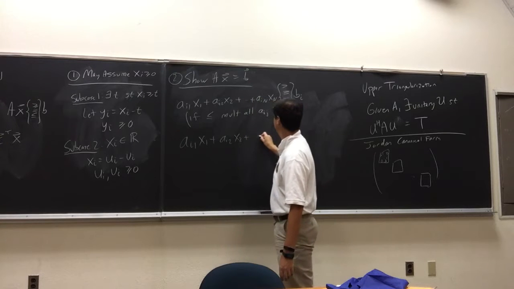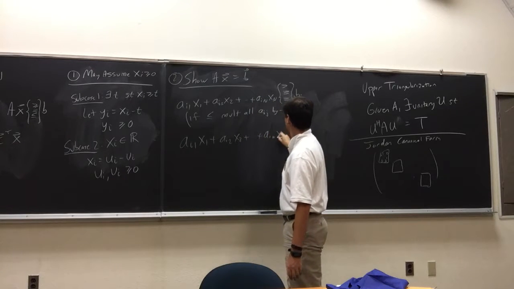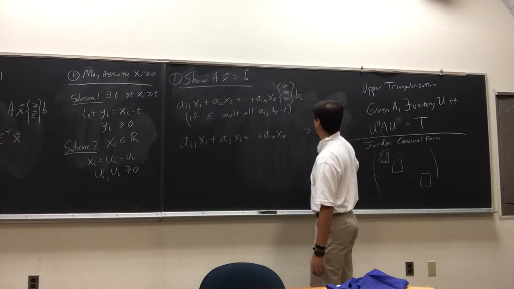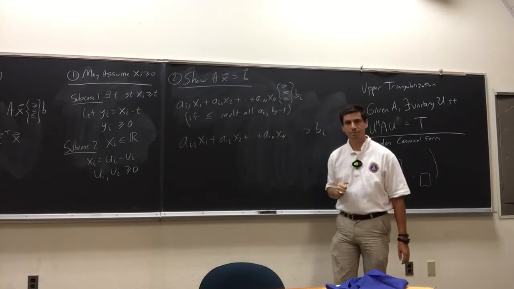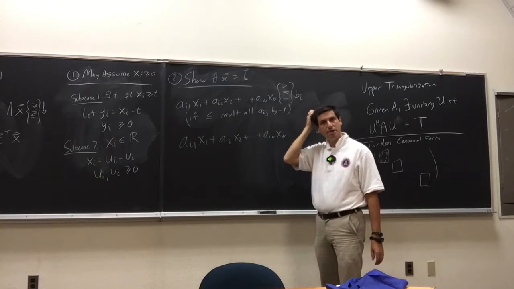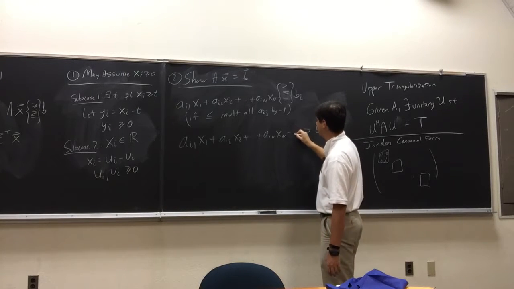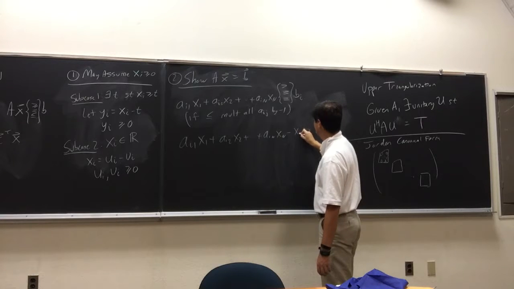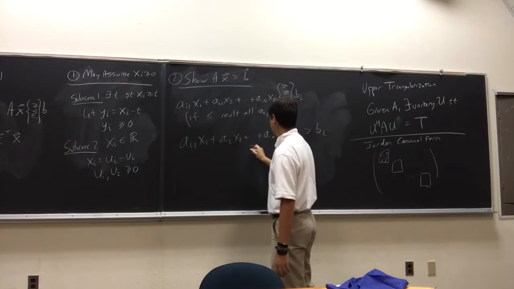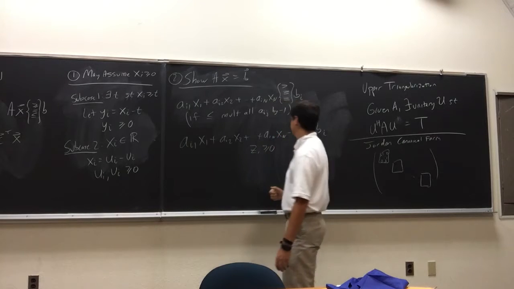So this is what we have. And let's say this was strictly greater than bi. Okay, I want to make it equal. If I subtract, let's call it, zi. We'll use a new letter. And let's assume zi is greater than or equal to 0.